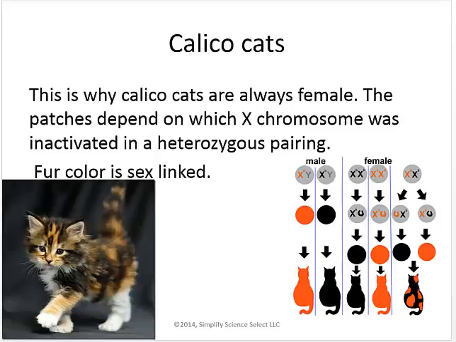All calico cats are female because the fur color is sex-linked. So the cells that got one color on the X are the orange patches for this adorable kitten, and the ones that are black are the other X. So you get one or the other. In males, you won't see that because they only have one X chromosome, so they all have the same X.